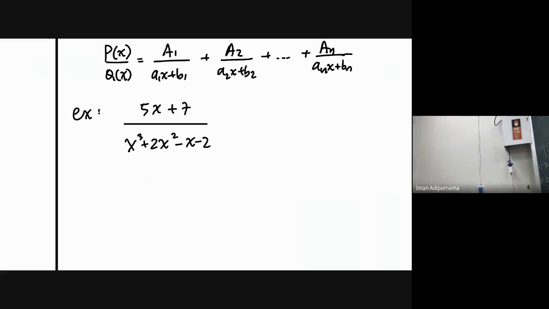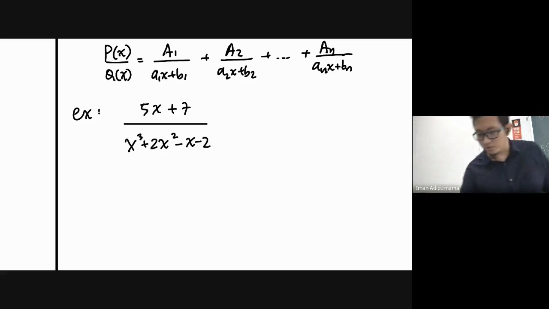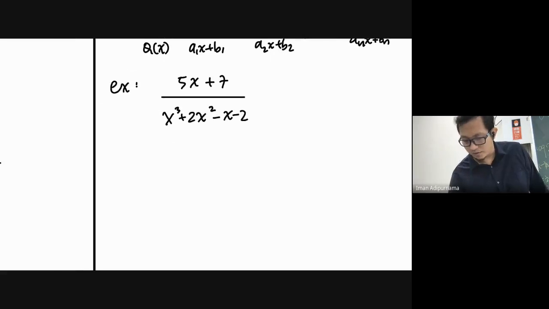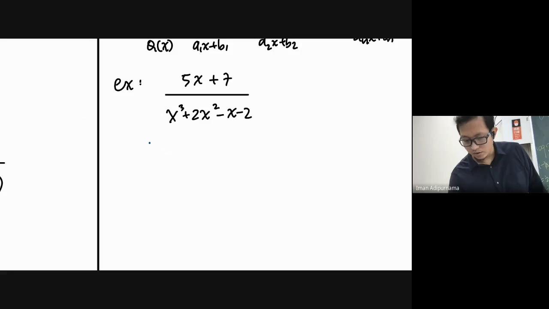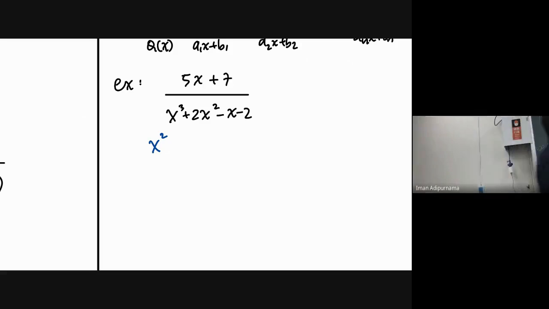Okay, one way to factorize this is to check whether you can factor out x or maybe x squared. Let me check the x squared. If you have this x cubed, let me factorize x squared, only this part.